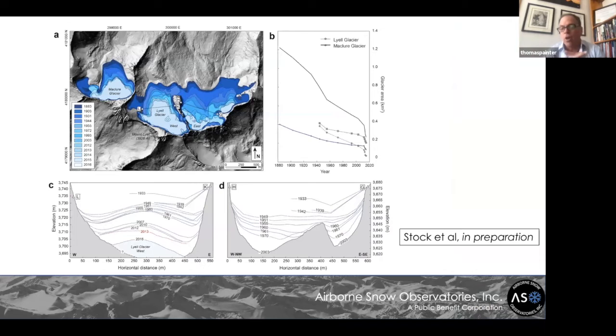And Greg has been working on tying these high resolution and very accurate measurements all the way back through the surveys to the measurements from John Muir. So be looking for that paper when it comes out. It's a really exciting one, especially for data geeks like all of us.